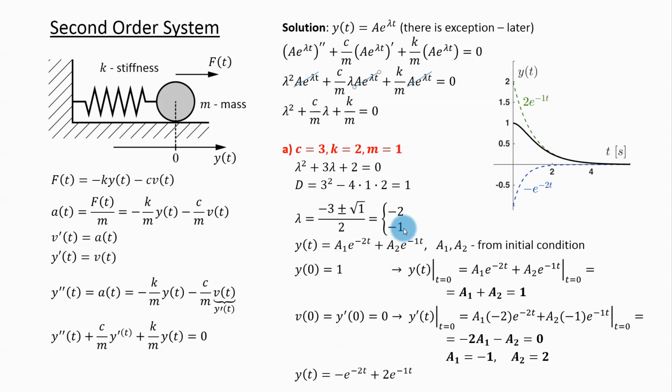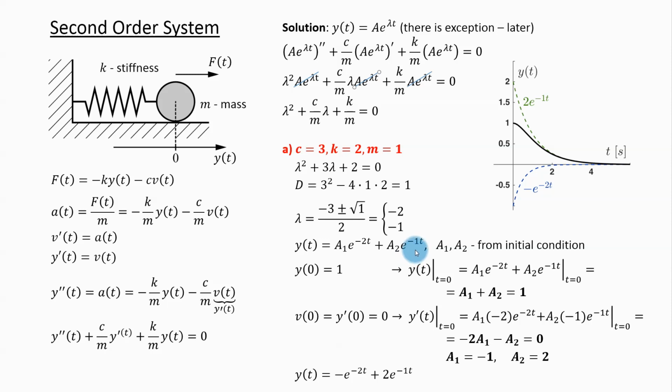You actually use both. Your differential equation would be satisfied if you used only this first root and only this first exponential. And your differential equation would also be satisfied if you used only the second root and only this second exponential. But you can also check that if you make a sum of these two exponentials and substitute this solution into your differential equation, this combined solution will satisfy your differential equation as well.